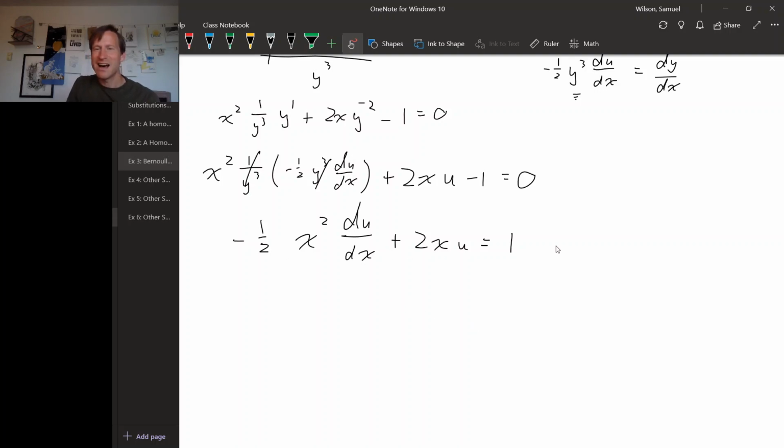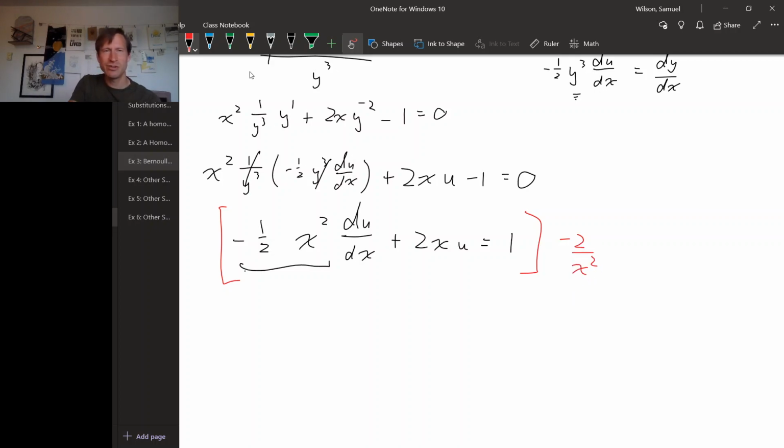You can see that doing the substitution has turned this equation into a linear equation. And now that it's linear, we know how to solve it. We want to find an integrating factor, so the first thing to do is multiply by whatever we need to get this leading coefficient to be 1. So let's multiply this whole thing by minus 2 over x squared.